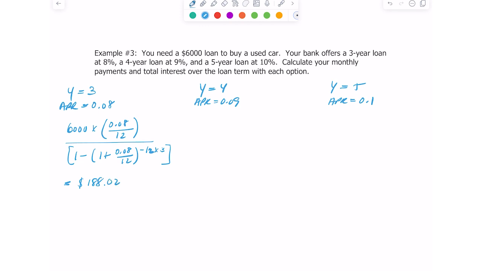Okay, and that's per month. The loan term is for 3 years. So that's 3 times 12, that's 36 months. And then that's going to equal $6,768.72. So that represents the total payments.